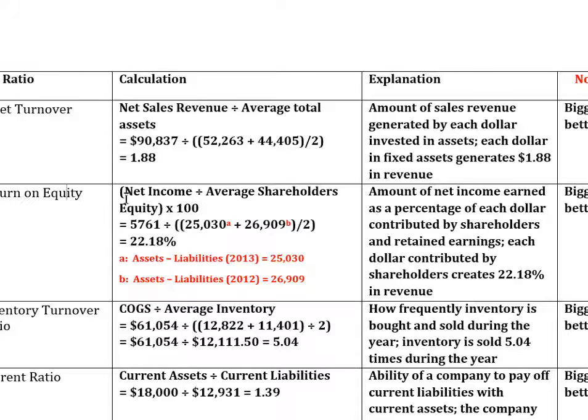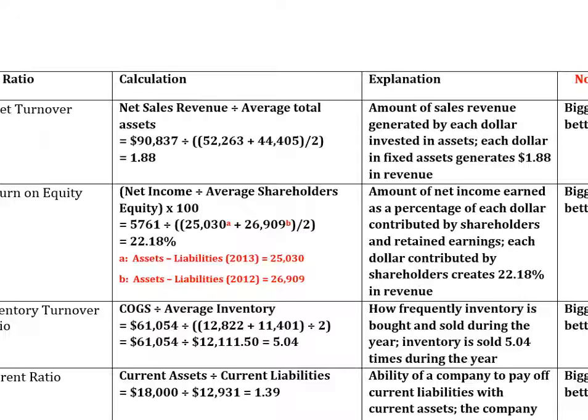It tells us, just from this formula, it's the amount of net income that we earn for each dollar that shareholders give us or that we retain in the business. So for all of the retained earnings I have and all the money the shareholders have given me, for every dollar that they've given me, how much net income do I generate?